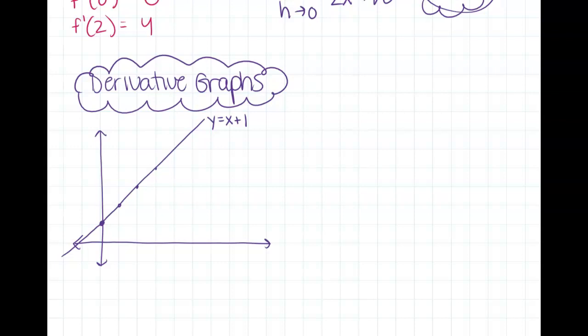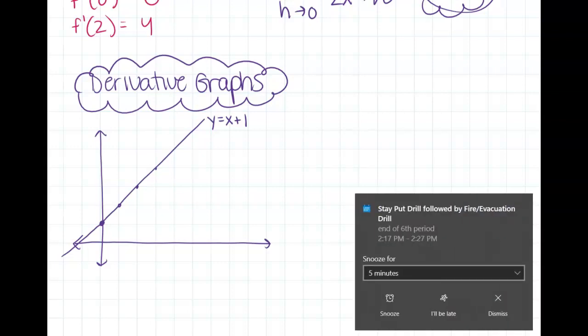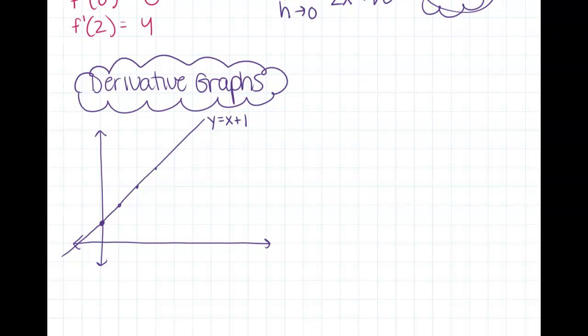If you try to find the slope here, sorry about that. It's the stay put drill, as you probably have gathered.